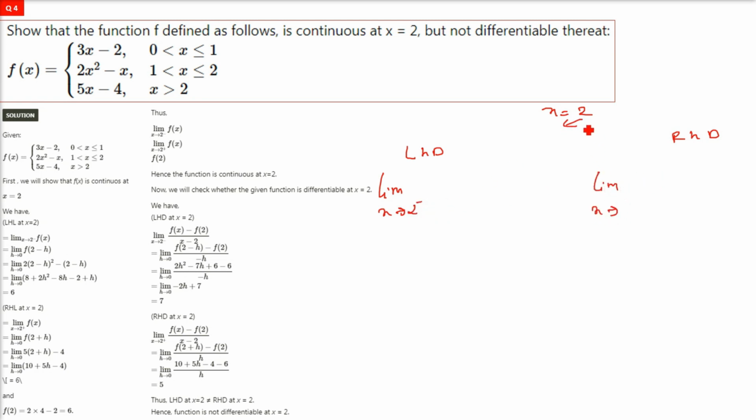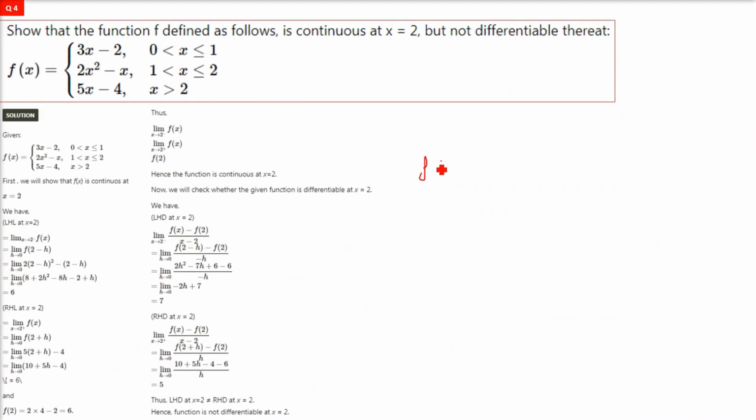For the right hand, limit x tends to 2 plus, just to show that we are going a bit forward. So it is f(x) minus f(2) divided by x minus 2. I am doing the left hand derivative first and then we'll go to the right hand derivative.